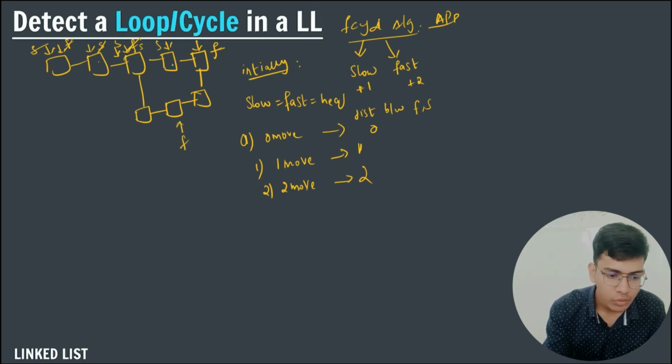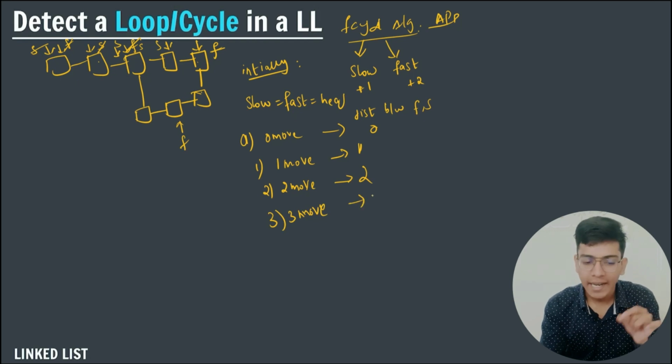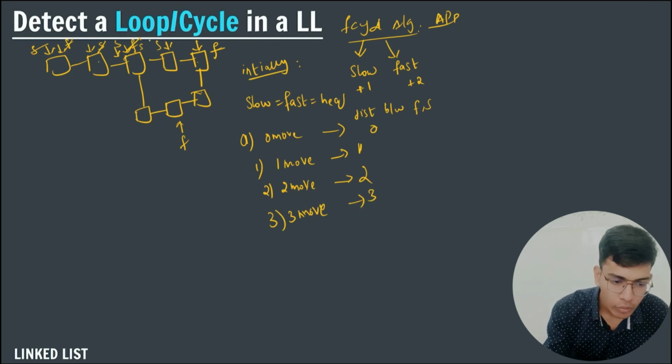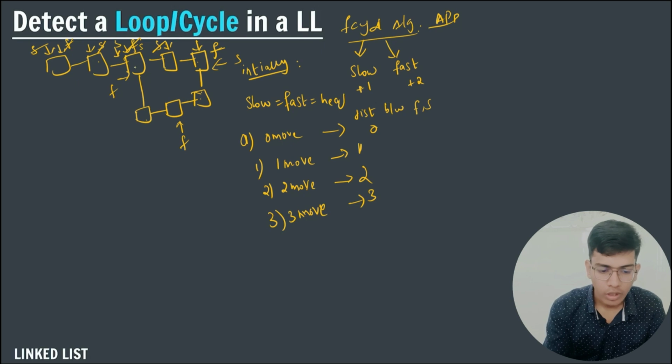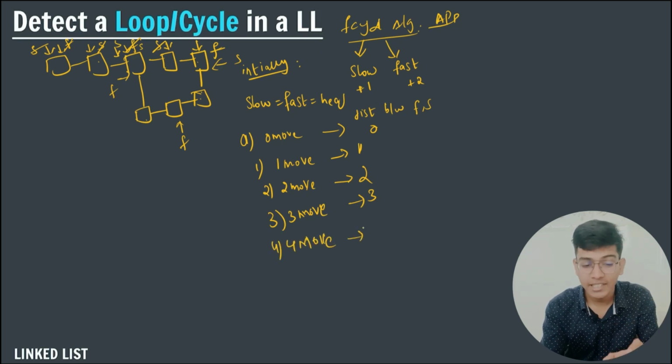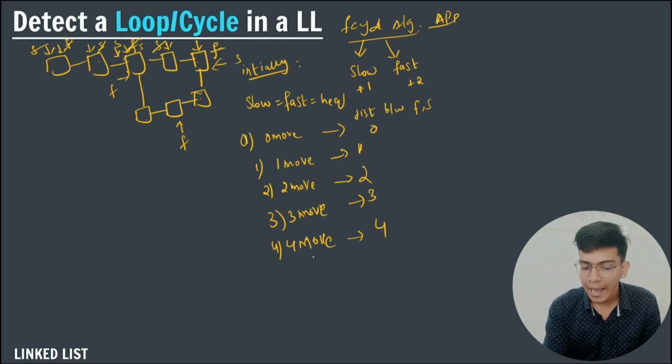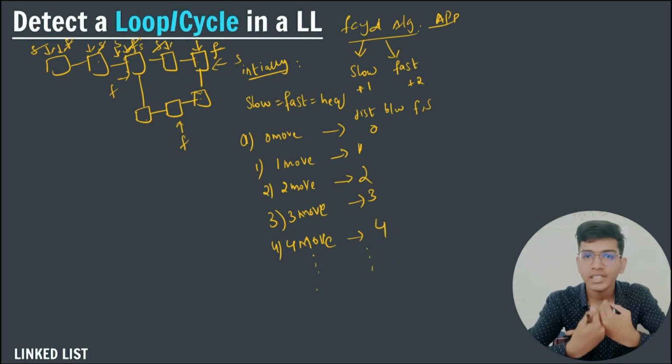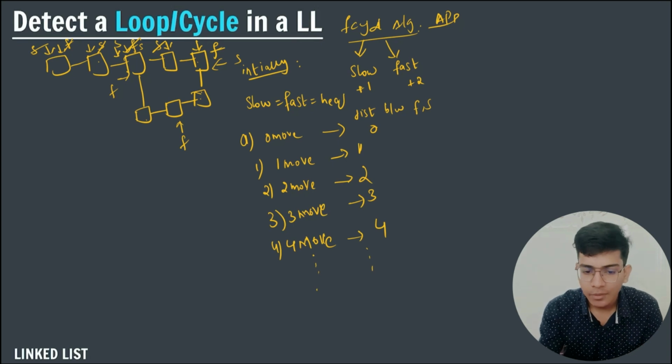What is the distance at the second move? It is 2. After that, the slow will come here and fast will move 2 steps. Counting 1, 2, 3, the distance at the third move is 3. After that, slow will come here and fast will go here. 1, 2, 3, 4. At the fourth move, the distance between fast and slow is 4.